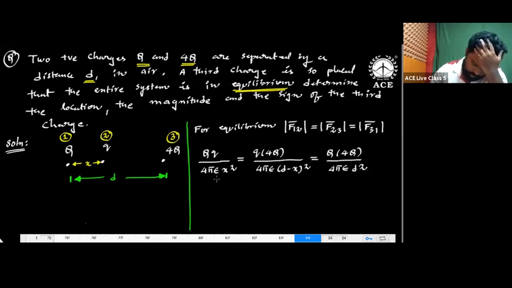So here I can write one more step. Q by x square is equal to... no, keep it as it is. First I'll equate these two things.